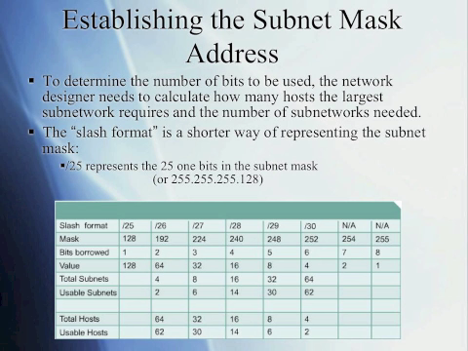So how many bits are we going to steal to make this network larger? We use 2 to the power of, we need at least 3, so 2 to the power of 2 is 4, but we can't use the first and last, so that only gives us 2 usable that we can assign.